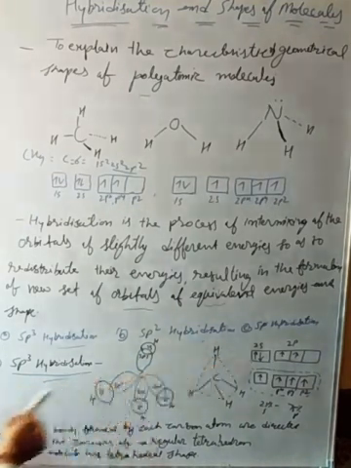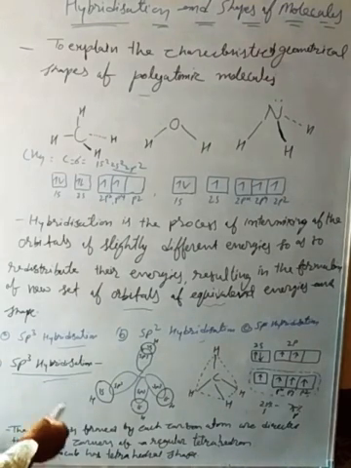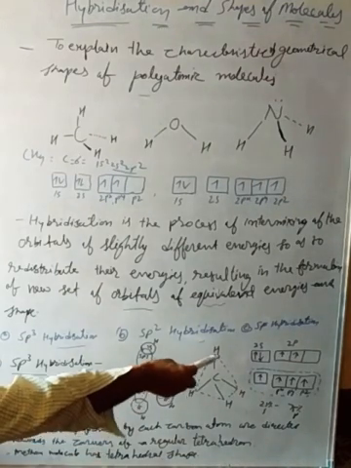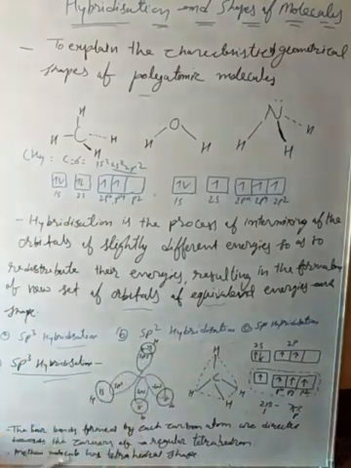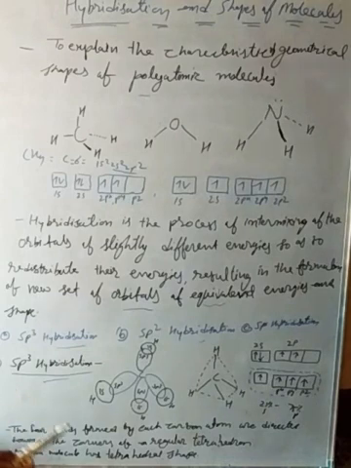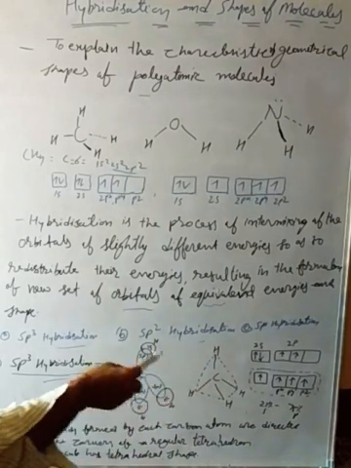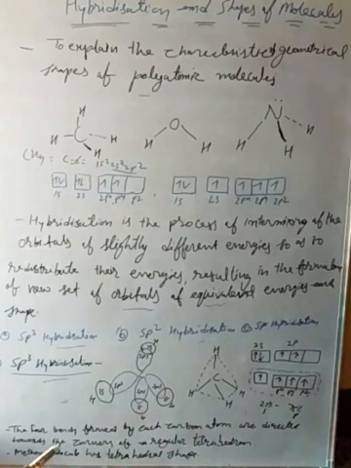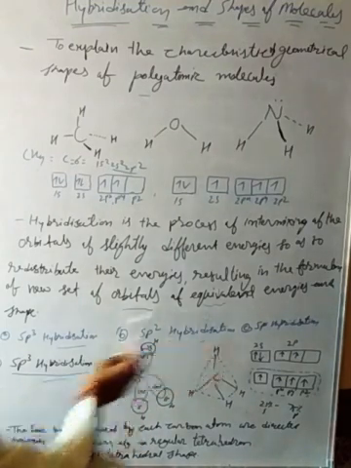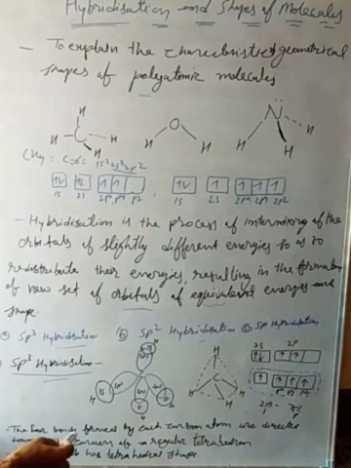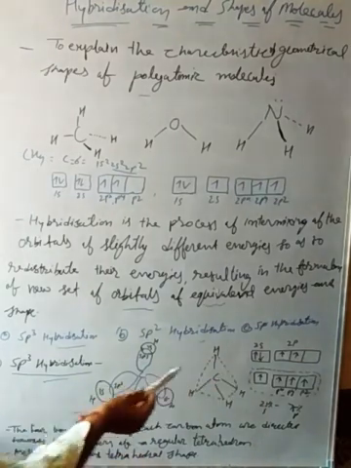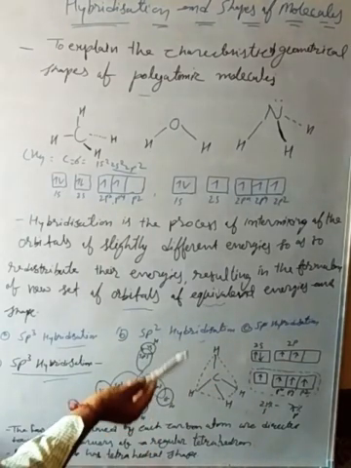Here is an example: carbon has 4 electrons in its outermost shell, 2 in the 2s orbital and 2 in the 2p orbital, with one orbital unpaired in the p subshell. They redistribute their energy and the orbitals intermix.